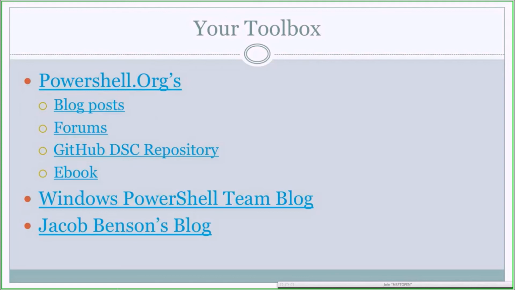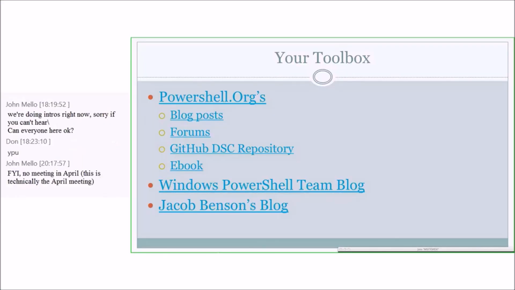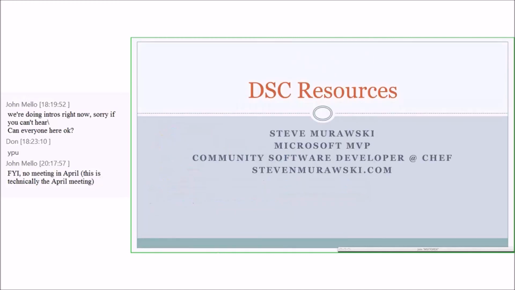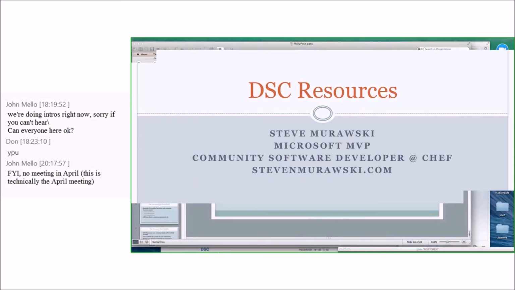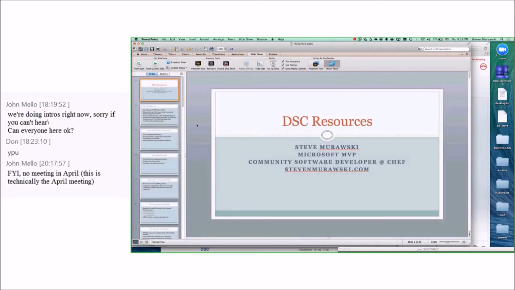A lot of cool stuff in debugging has come out in Windows Management Framework 5, like remote debugging and alternate process debugging. Some really interesting stuff to help make your DSC debugging easier. Jacob Benson did a pretty good blog series. PowerShell Magazine has a bunch of good stuff as well. But that's all we got for slides.